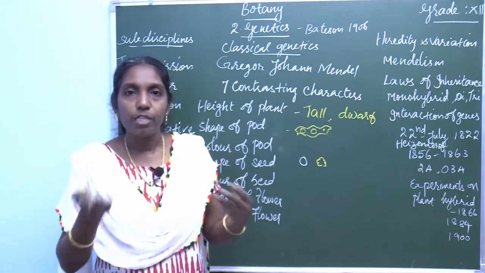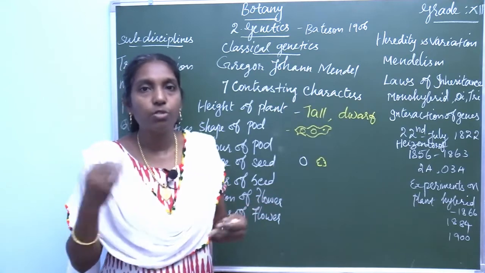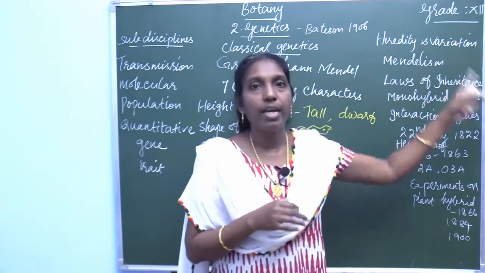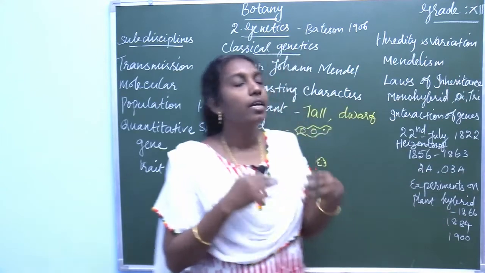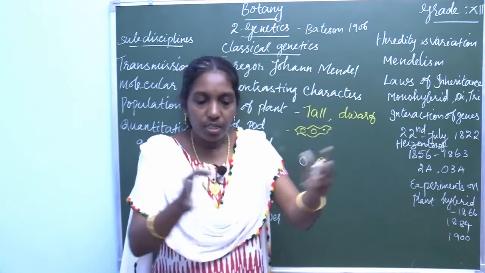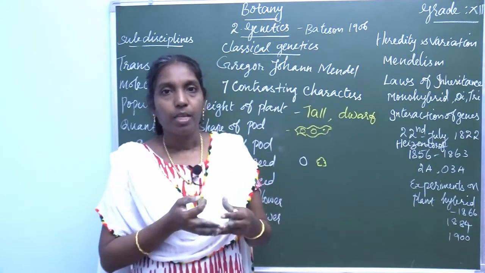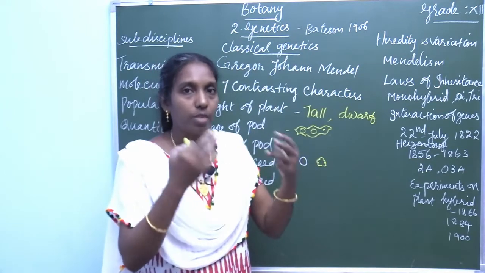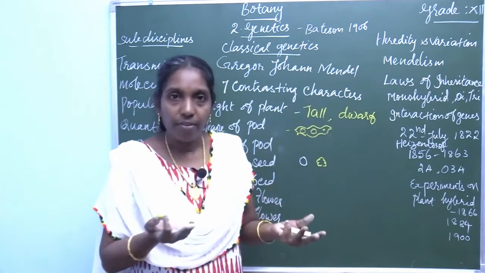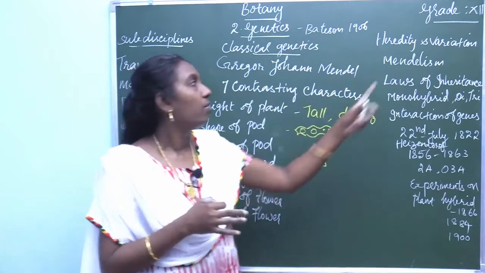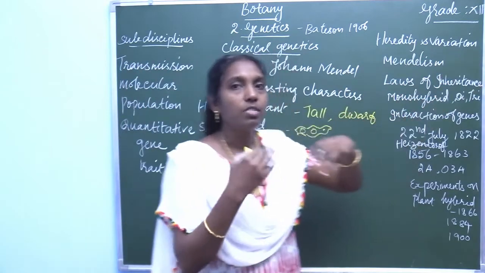Heredity is the transmission of characters from parents to offspring, and variation means differences within a population or within a species. If it is the same species, you may find a number of differences; that is called variation.